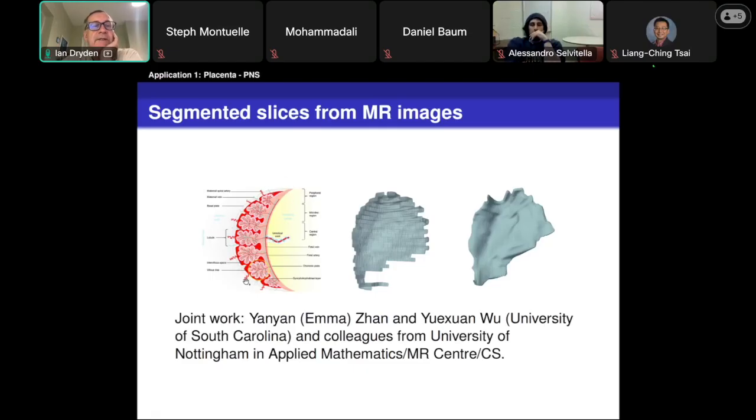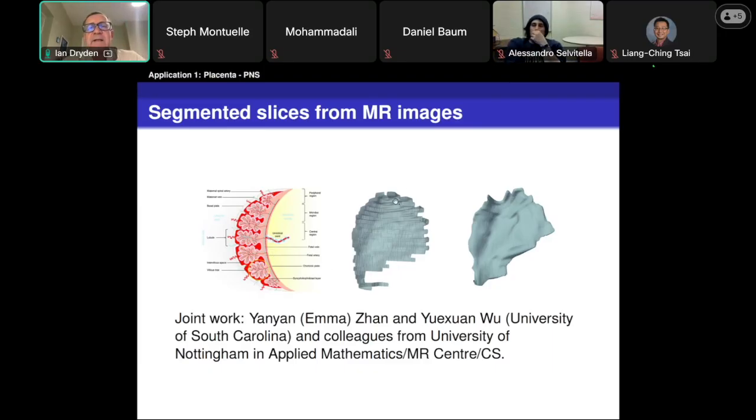We have images of the placenta over time, where expectant mothers are put in the MR machine and have their images taken. Many of them are healthy, and some are compromised pregnancies. So it's of interest to describe the differences that you see in the groups.